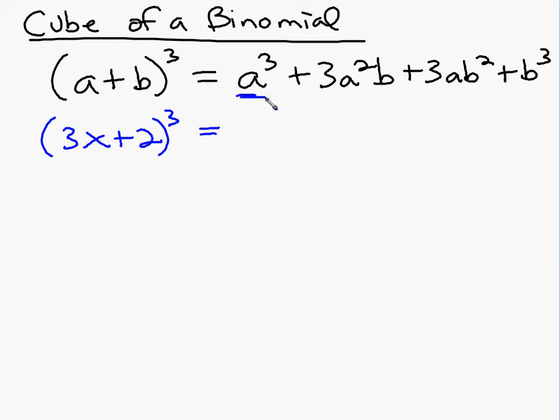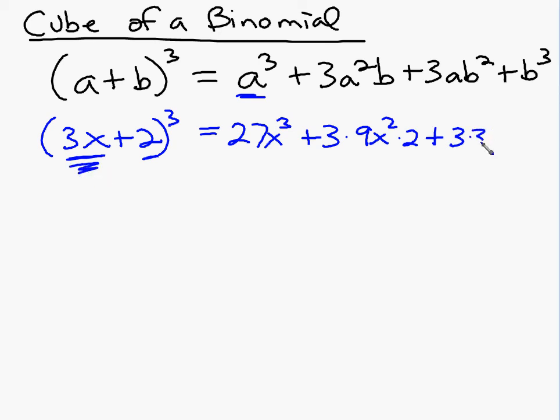First, cube the a, which is 3x. So that would be 27x cubed. Plus 3 times the a term squared, which in this case is 9x squared, times the b term, which is 2. Plus 3 times the a term, which is 3x, times b squared, which is 4, plus the b term cubed, which in this case is going to be 8.